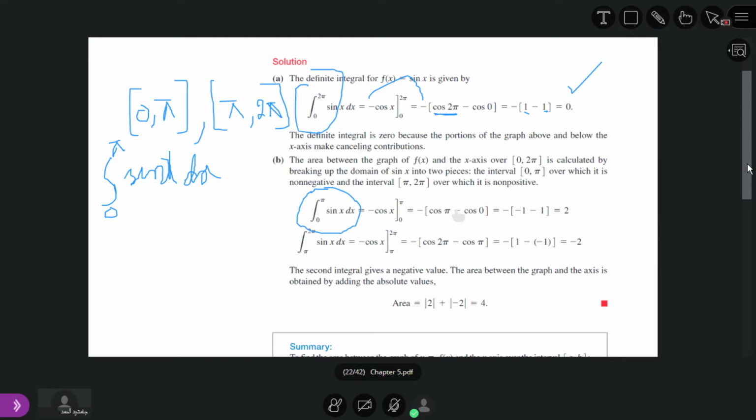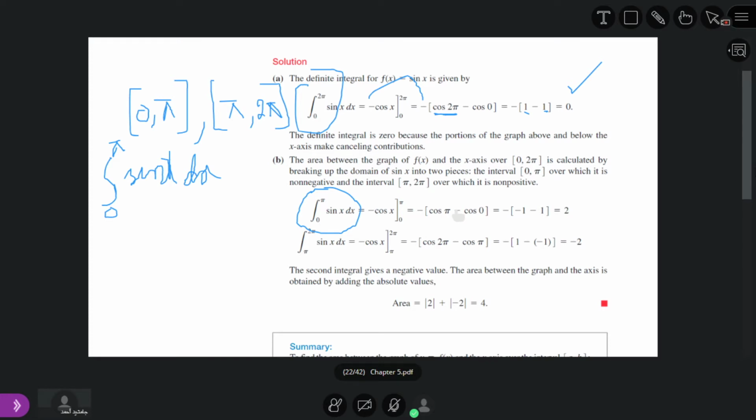So this is the definite integral of the function over the first subinterval. For the second subinterval, which is pi to 2 pi, the function is the same, sine x. The antiderivative is minus cosine x.